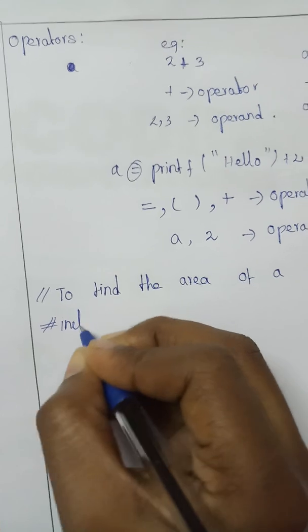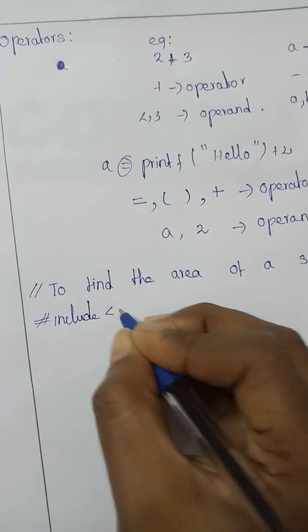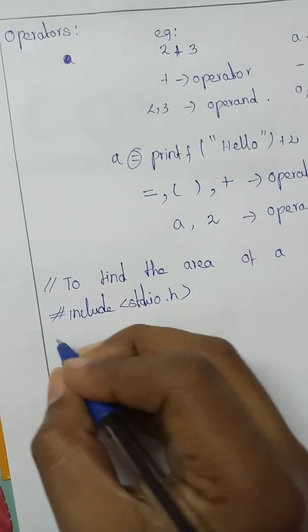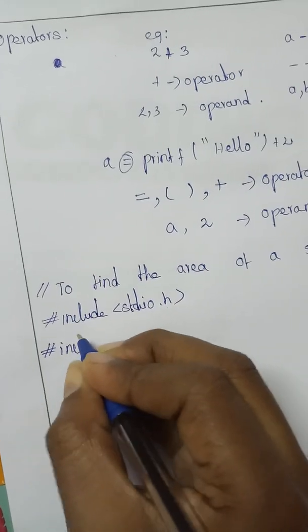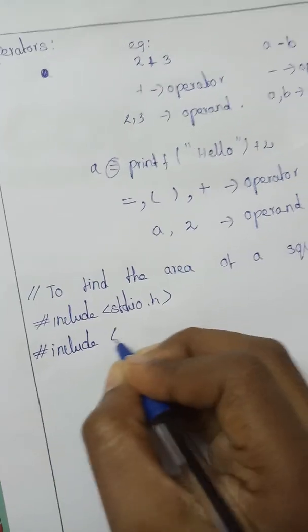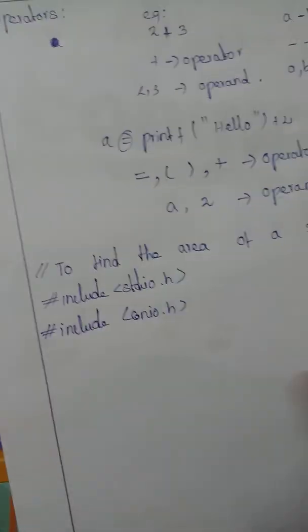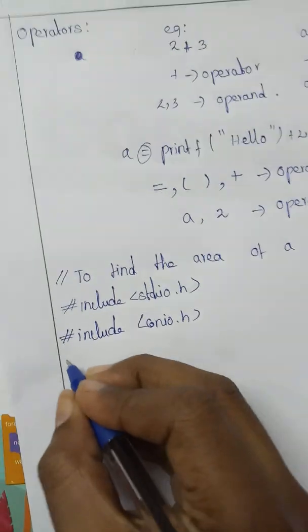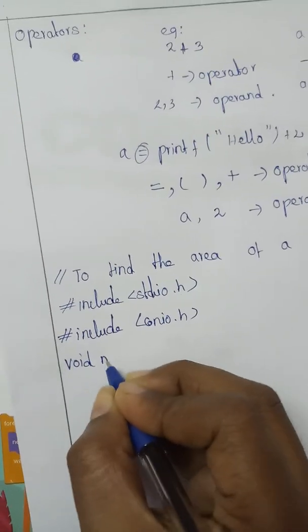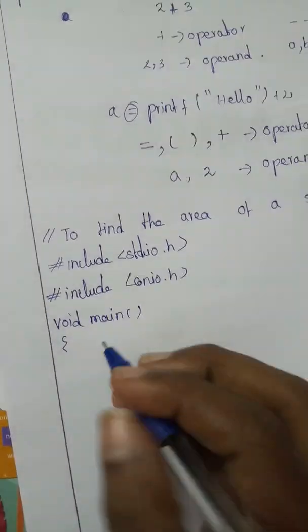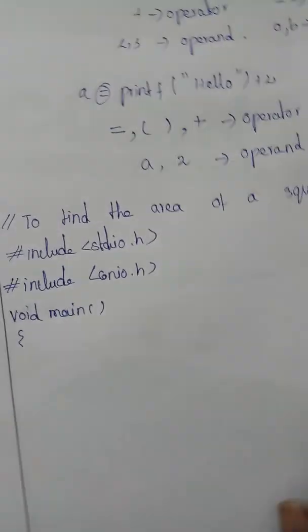Hash include stdio.h, hash include conio.h, and then you need to give the main function, void main open bracket, and then declare the variables.